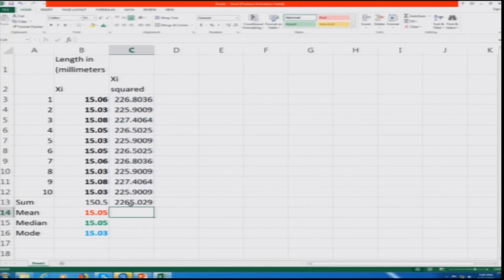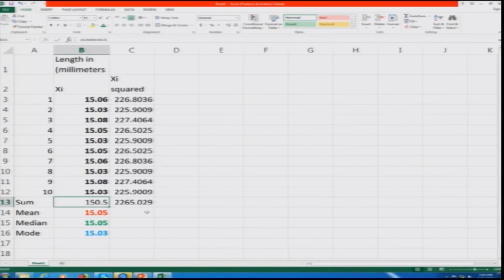So, I have got the summation of xi squared and this is the summation of xi. The formula was summation of xi squared, that is 2265, and I need to square this as well, the summation of xi whole squared.